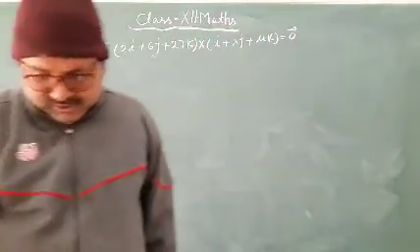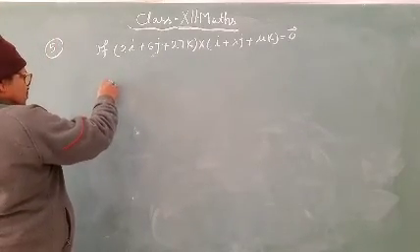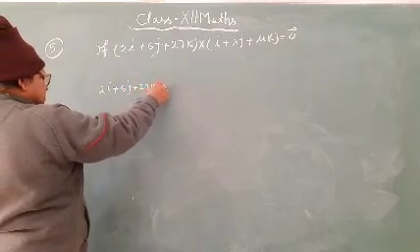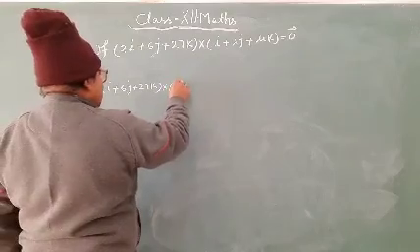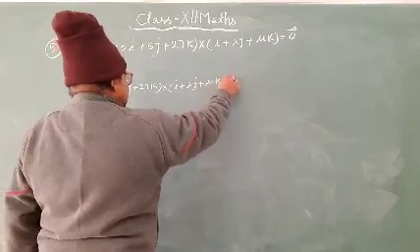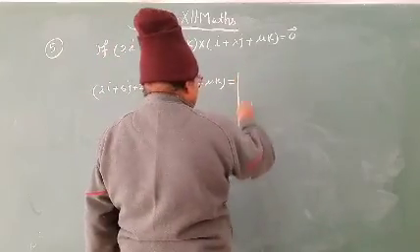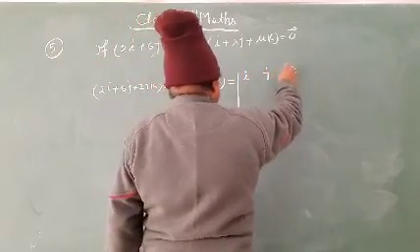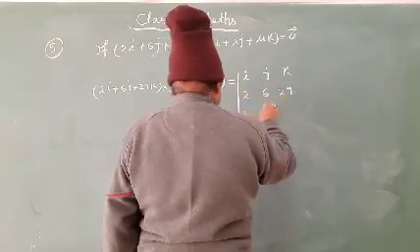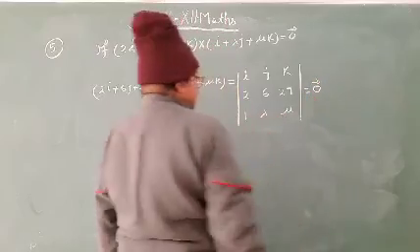So that is (2i plus 6j plus 27k) cross product (i plus lambda j plus mu k) equal to the determinant with rows i j k, 2 6 27, 1 lambda mu, equal to 0 vector.